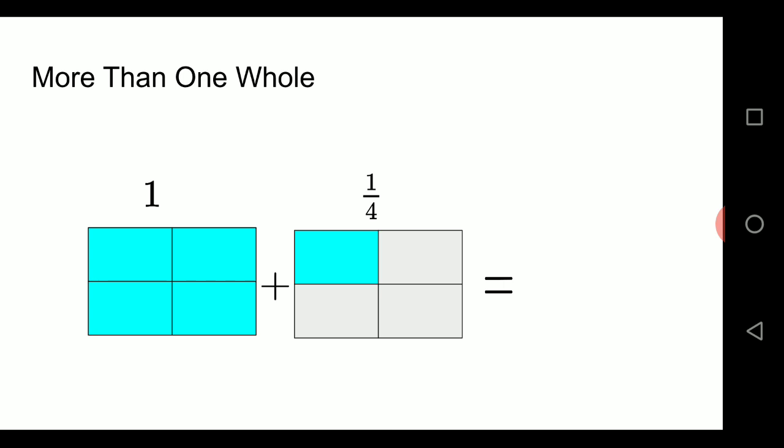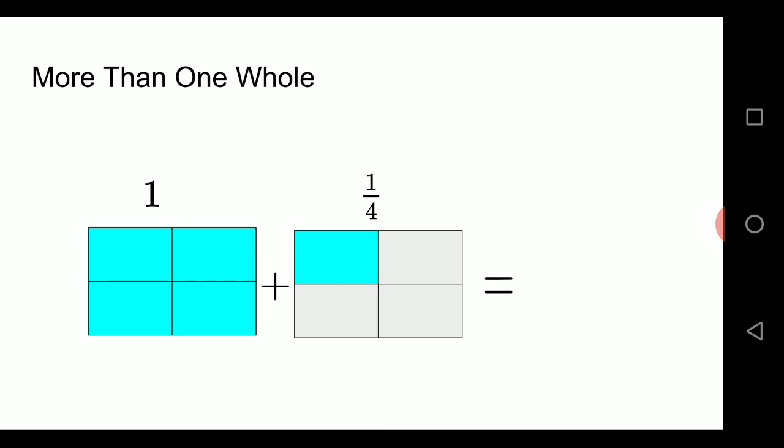More than one whole means I have one whole, and then I have one more whole. So there are two of them, and one is shaded completely. I have four squares, and I have taken all four of them, so I have taken the complete rectangle.